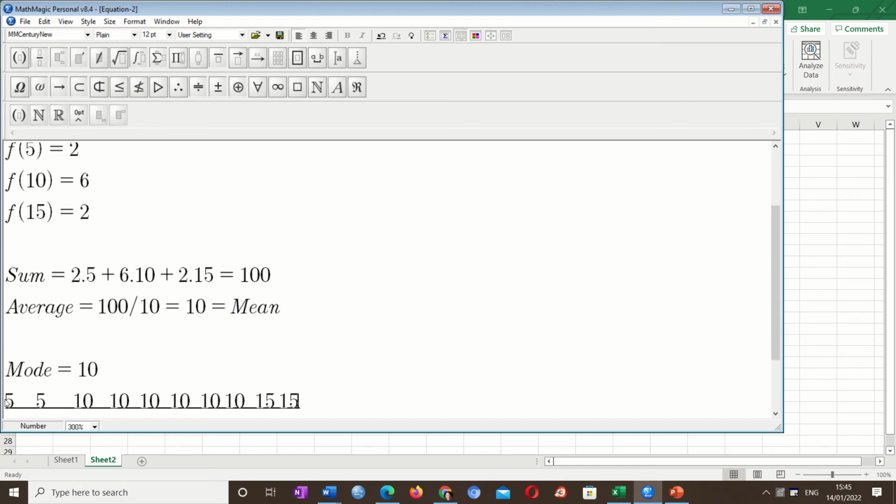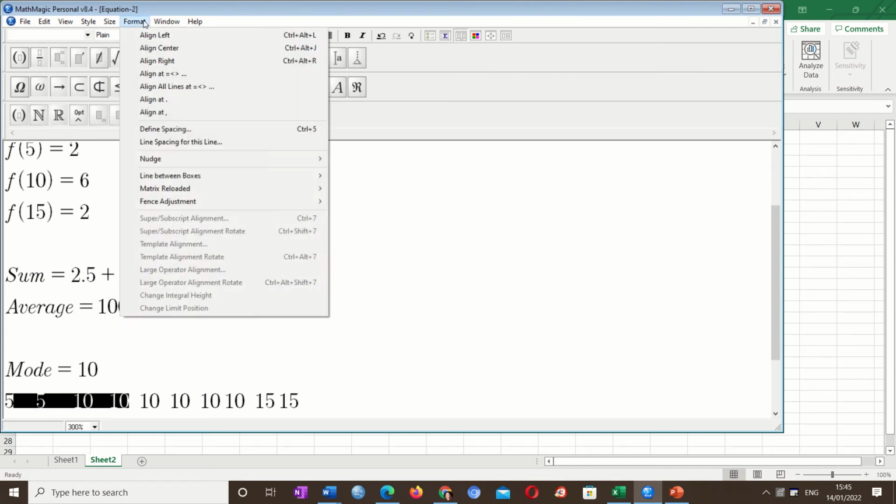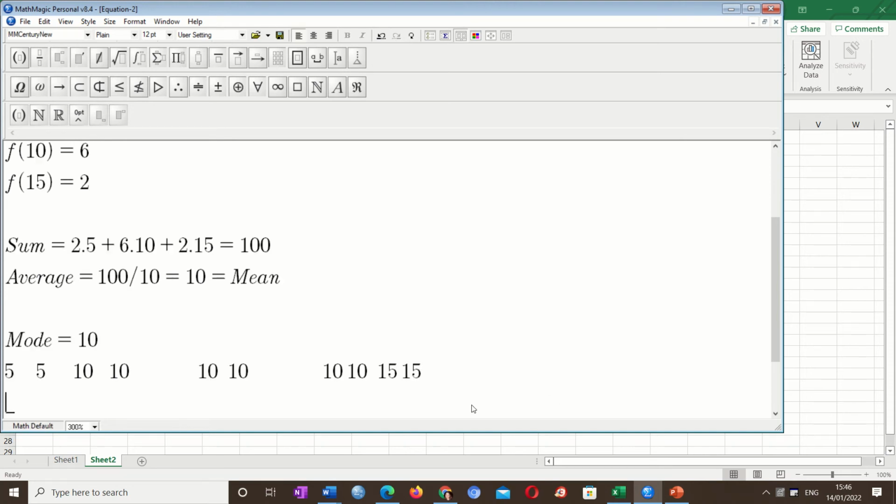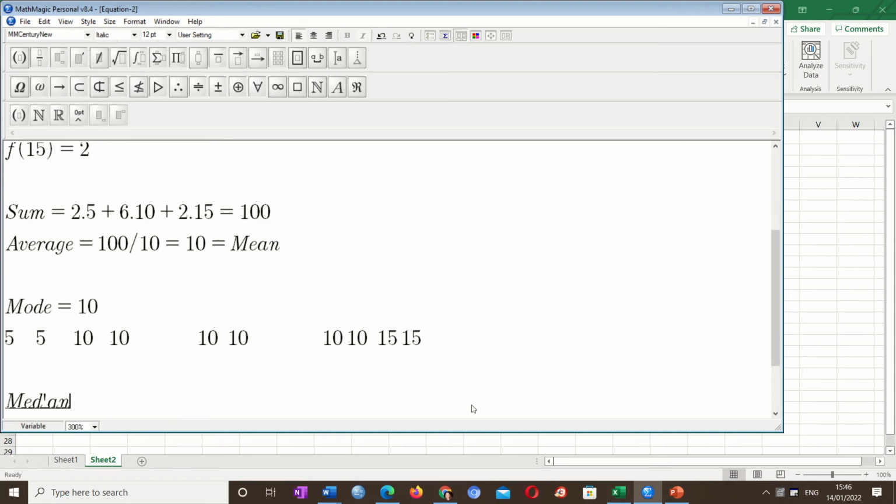Now, if I go from here, 4 numbers from here and 4 numbers from here, these numbers are in the middle. So median is 10 plus 10 divided by 2, and that's 10. So median is equal to 10.